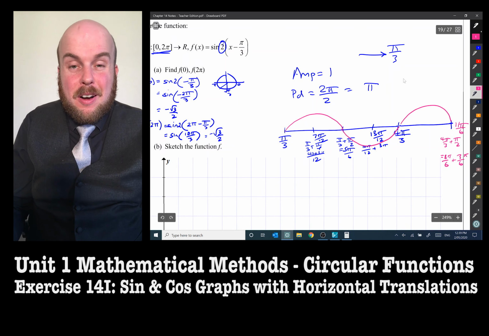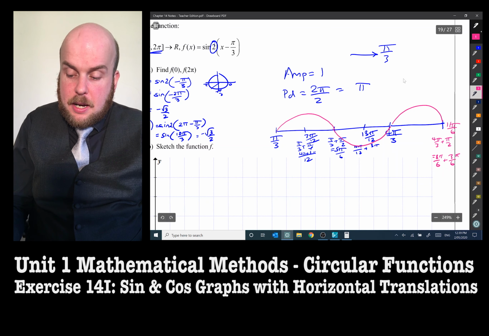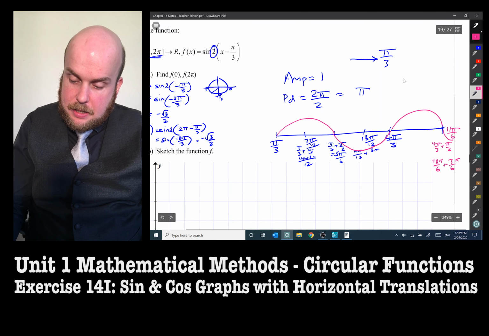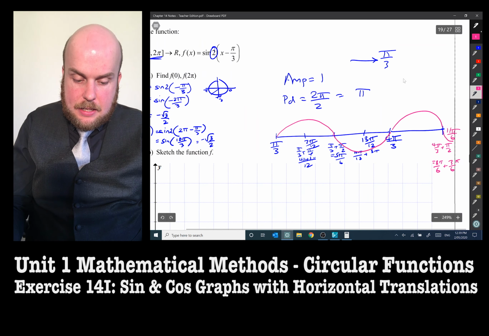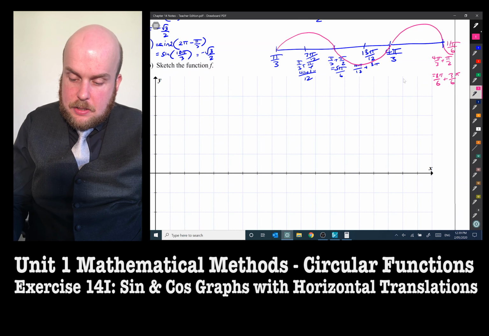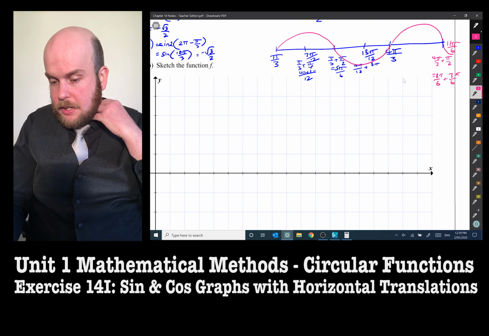And I know that 12π/6 is going to be 2π, so that means it will end just about under here at 2π. So, hooray, that's lovely.